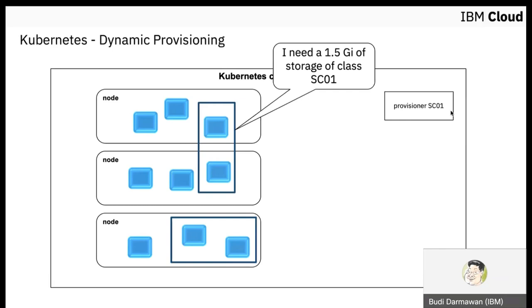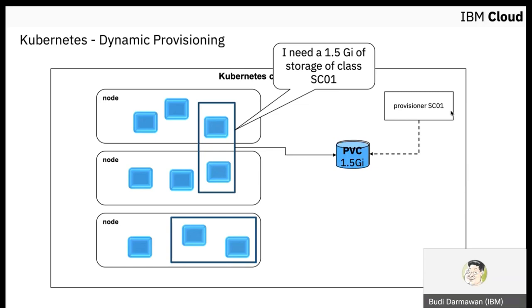But now if a deployment needs 1.5 gig of storage class SC01, what happens is that the provisioner will create a PV with exactly the same size as requested. And once it's allocated, then a PVC is associated with the deployment with exactly the same size. So there is no storage wasted, and you don't have to pre-create the PV.